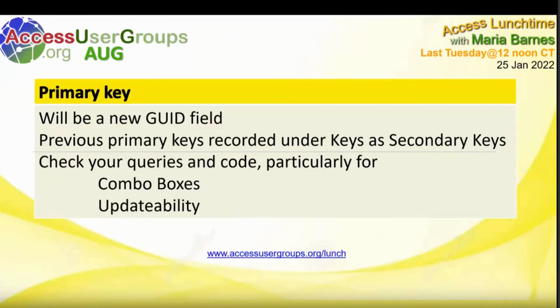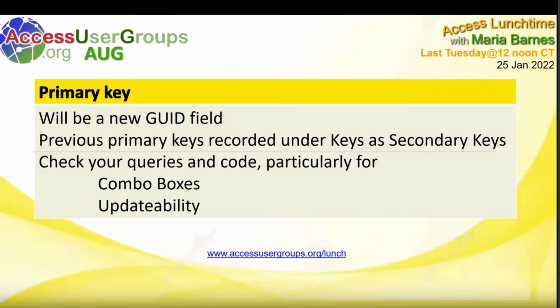The new keys or the keys that Dataverse uses are GUID keys. So if you're familiar with a GUID, it's a big long string. It's usually got a mix of characters and numbers, and it's really nonsense to read. That's what it stands for: Globally Unique Identifier. Thank you, Adrian.